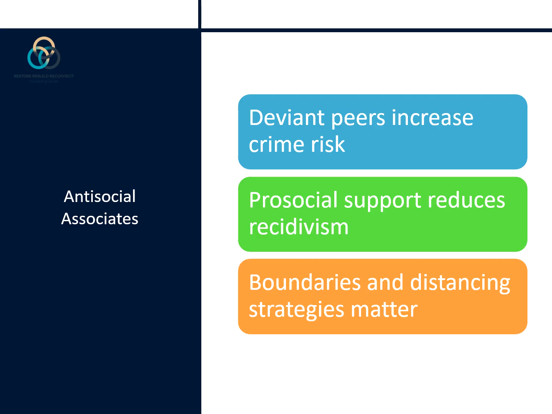And this relates to our next risk factor, which are antisocial associates. So who is the person, the client, spending their time with? This can impact their decisions and their behavior.